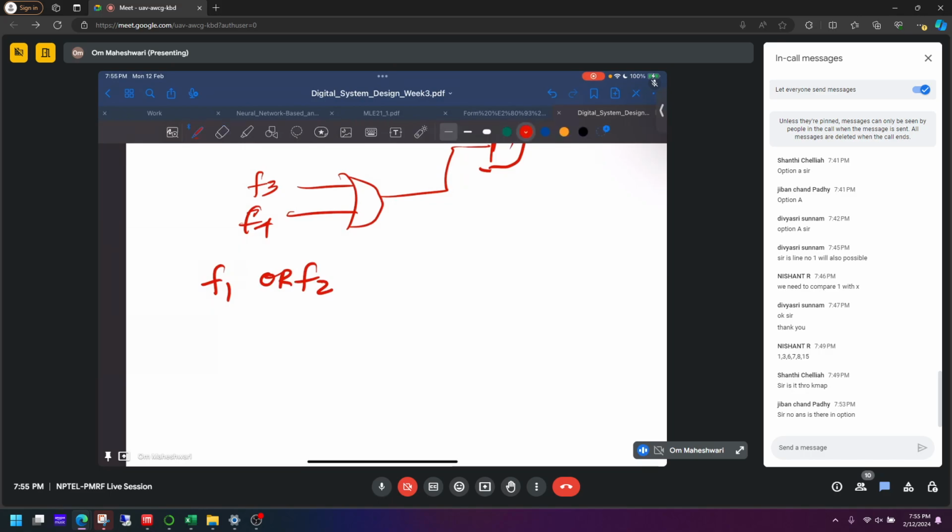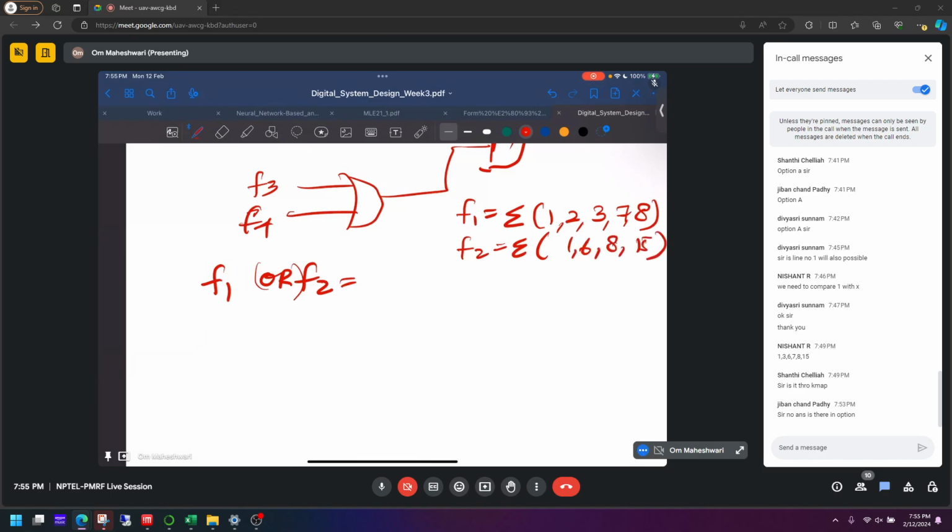So what will be F1 or F2? F1 is sigma 1 2 3 7 8. F2 is sigma 1 6 8 15. Okay, so now what will the OR be? Whatever terms are not there, you add that. That is how OR works, right?